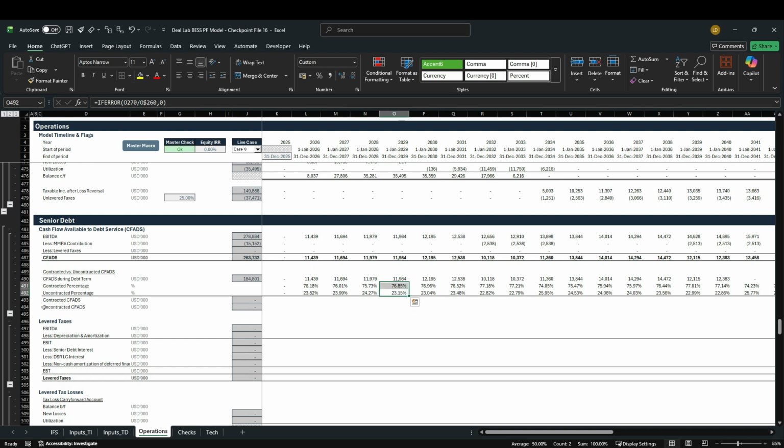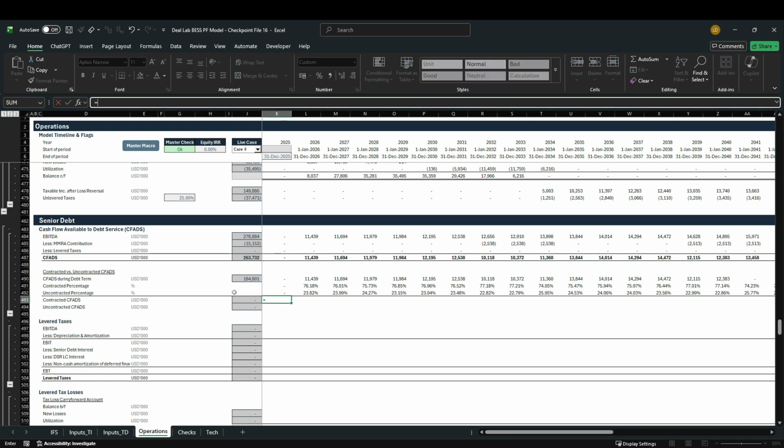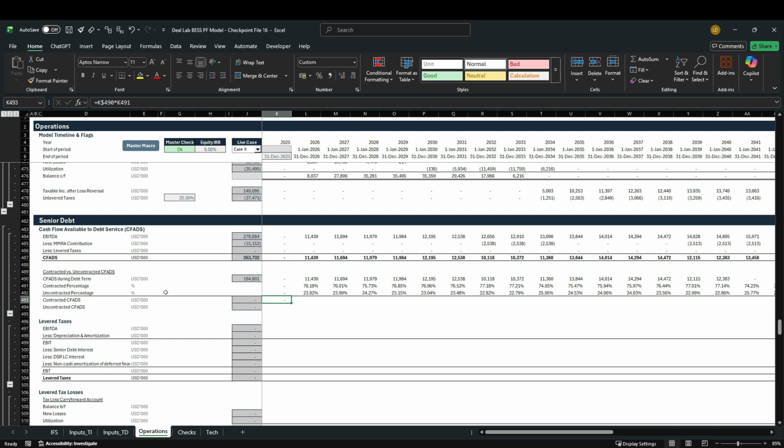And then to calculate our contracted and uncontracted CFADS, that's fairly straightforward. So all we have to do is take our CFADS in row 490, hit F4 1, 2 times to only anchor the row, and we'll multiply this with our percentage. First for our contracted percentage, and then in the row underneath for our uncontracted percentage.